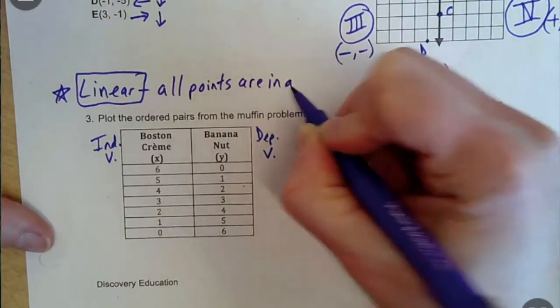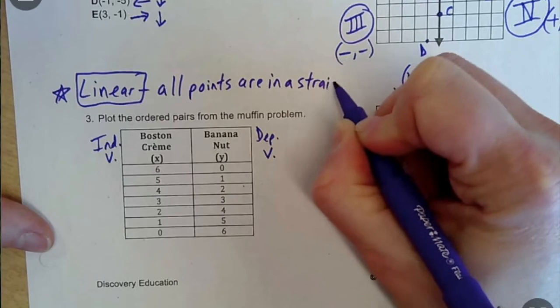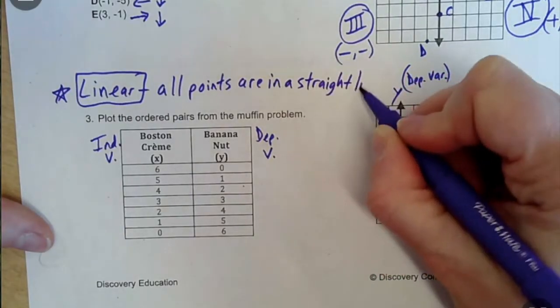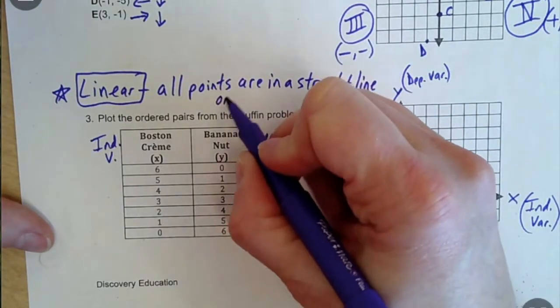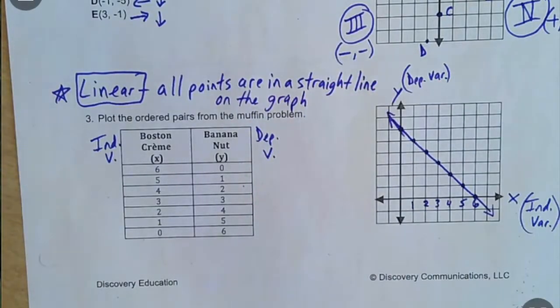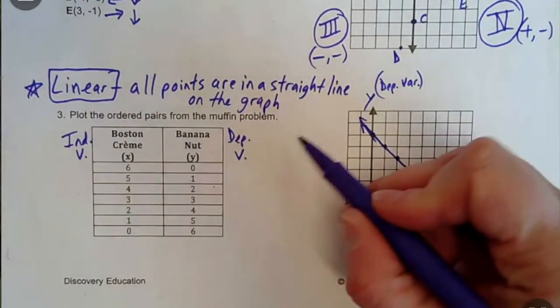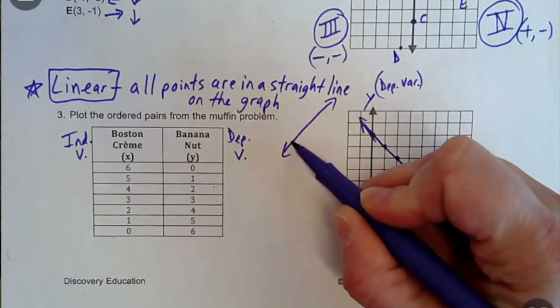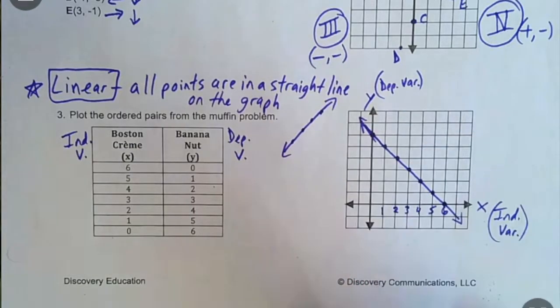If you plot a point that's not in a straight line, then that means you plotted the point incorrectly, because they should all fall in a straight line. If I make a straight line here and I put some dots, they should all fall on that straight line.